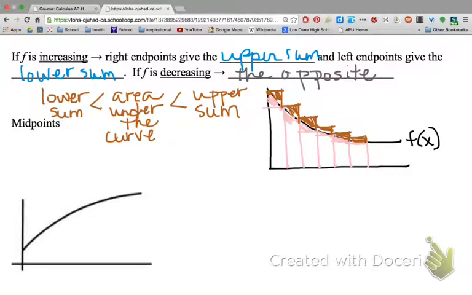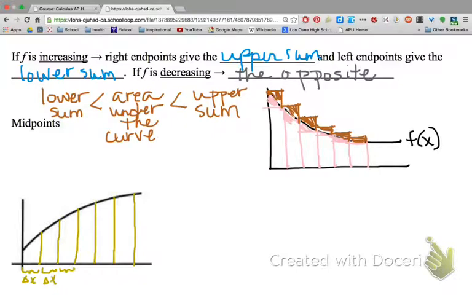So another idea that calculus has had is, in order to shrink that little bit under or little bit over, what if I use midpoints instead? So again, when you draw this, you want these rectangles to all have the same width.